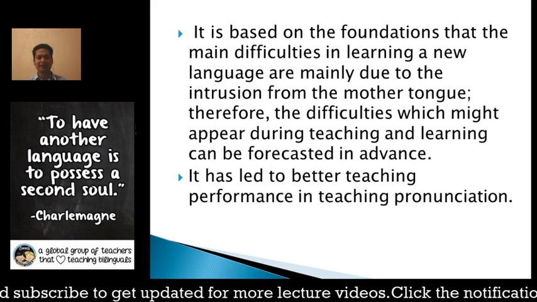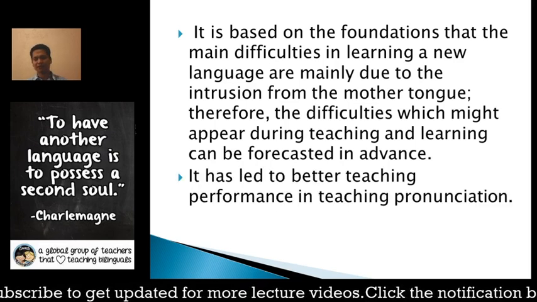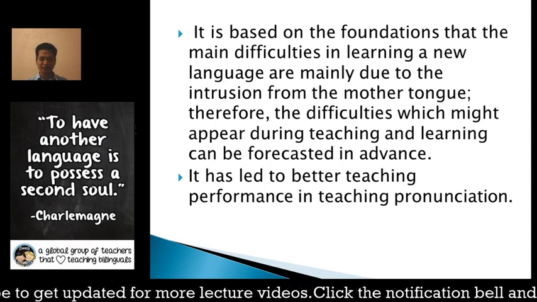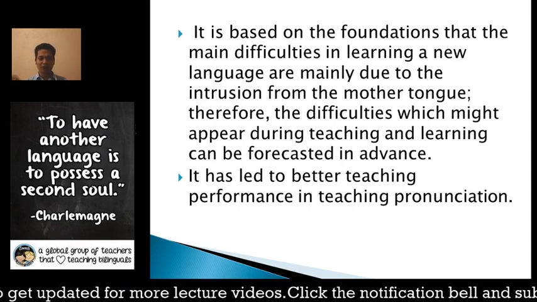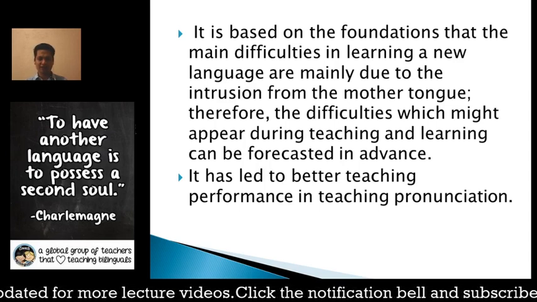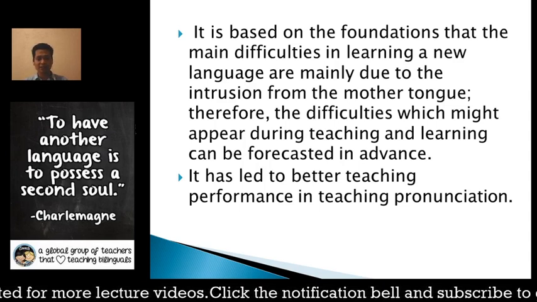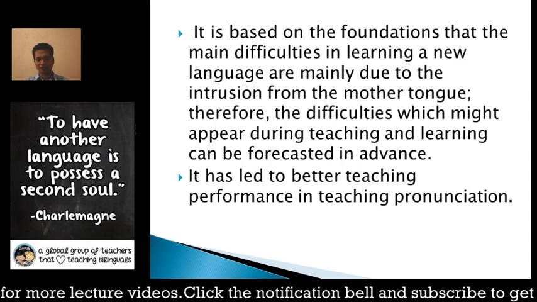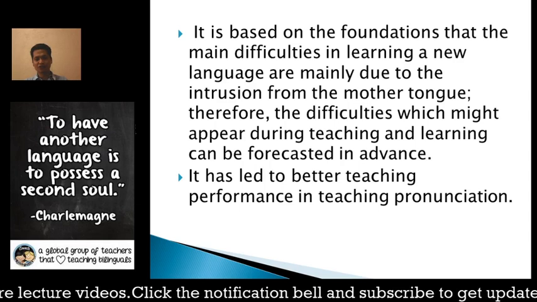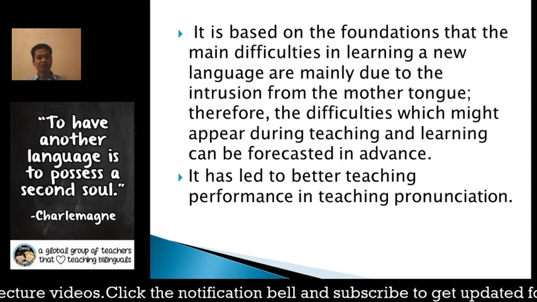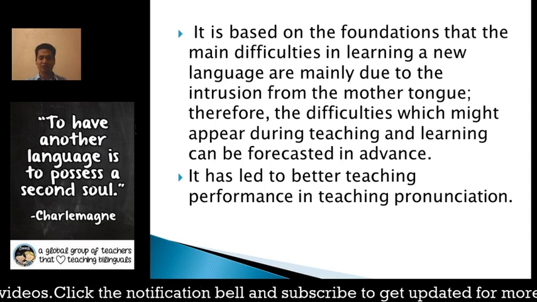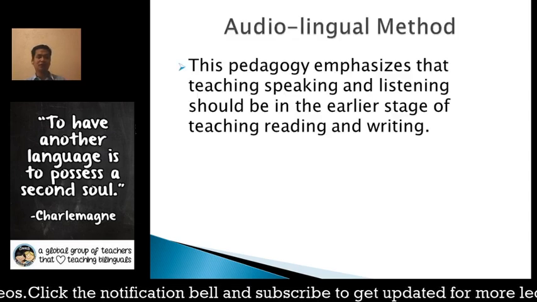So with that, it has led to better teaching performance in teaching pronunciation. So if they've seen already the differences, then they could probably forecast the difficulty of the students in learning pronunciation or grammar or structure. Then teachers can now make an intervention for that, can now design an appropriate strategy for that. Okay, next is audiolingual method.